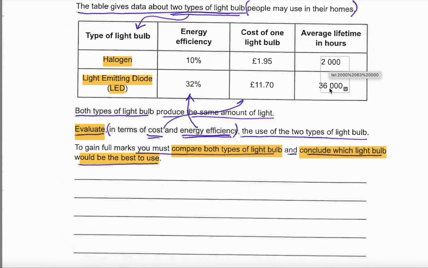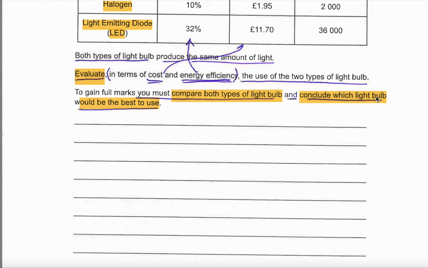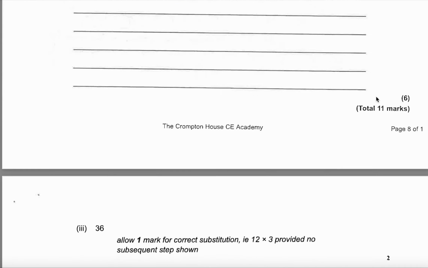So it lasts 18 times longer, 36 divided by 2, forget the thousands because they cancel out. Okay, so is that worth it? Yes, you've got to make these comments in a clear fashion. One of my students, I think he deserves full marks. I haven't finished marking it, but that's how you get the 6 marks.